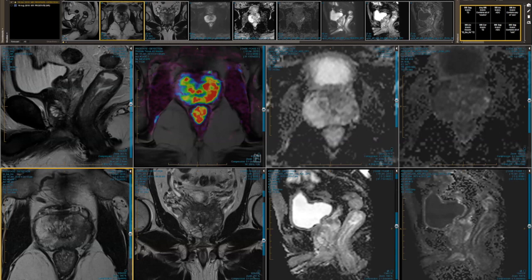And now with techniques like NeuroSAFE, where you can take frozen sections during surgery, it's important for us to say where we feel it might be, even if we haven't physically been able to show it on an image. The usual things that we would see are length of capsular abutment and a capsular bulge. If we see direct infiltration, that's a very likely sign that there's extraprostatic extension.